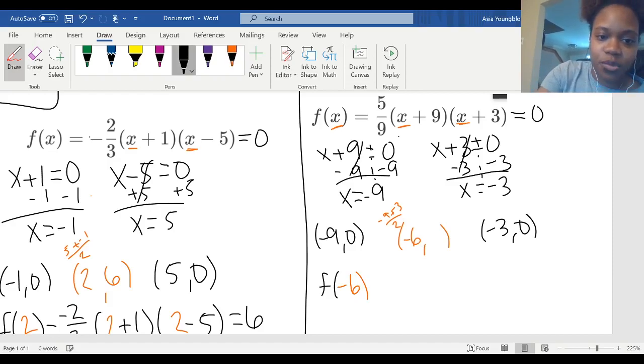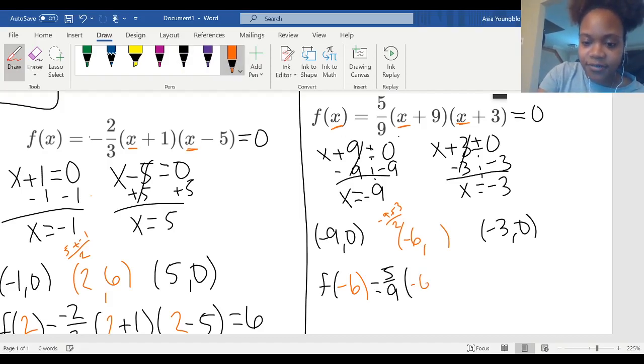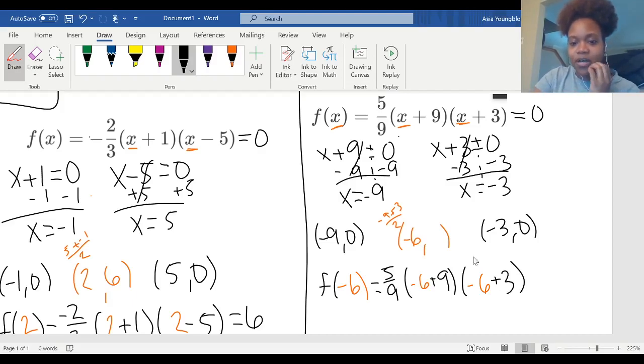Remember, that just means y, so you don't have to write that part. I don't want you guys to be afraid of it. 5/9 times (negative 6 plus 9) times (negative 6 plus 3). Okay, so now I'm just going to type this into the calculator to solve it.